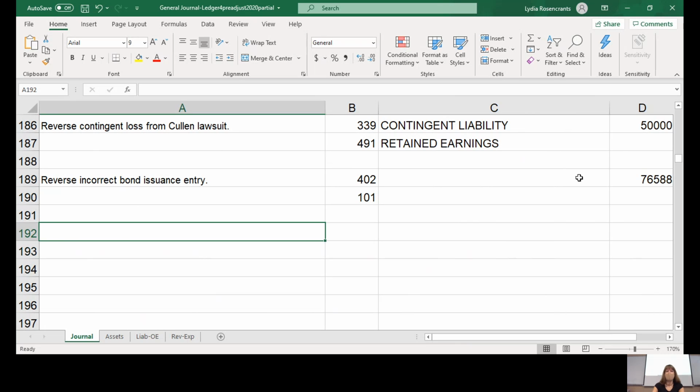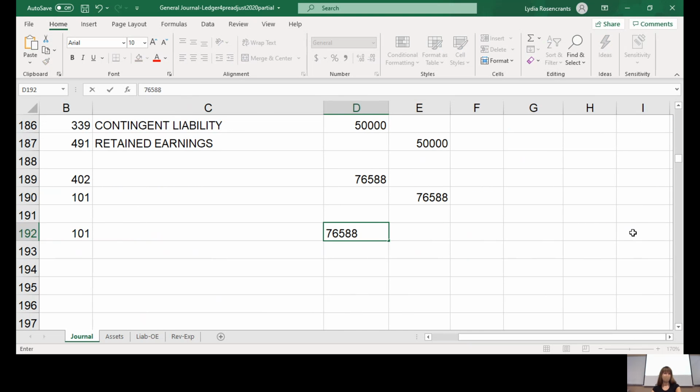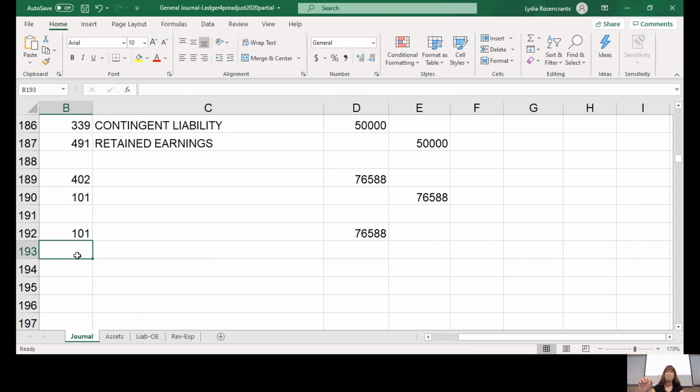Okay, and then let's put on the correct one. So they should have received cash of $76,588. They should debit discount on bonds payable, which is account 403 for $3,412. That's in our spreadsheet. We'll go back to it in just a second.